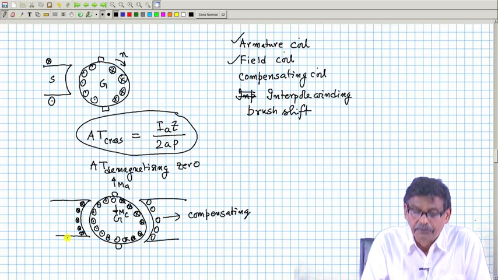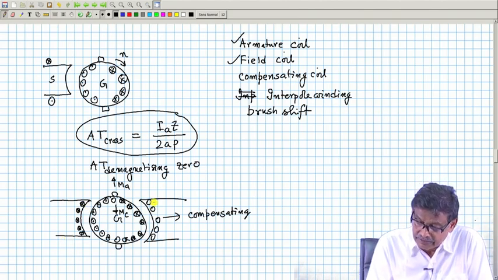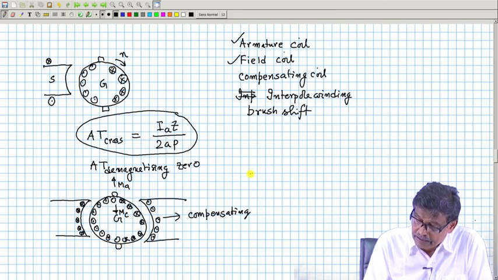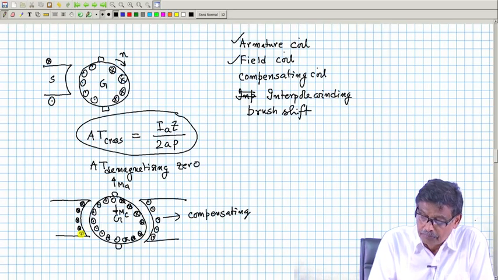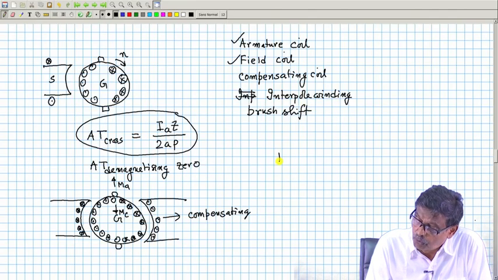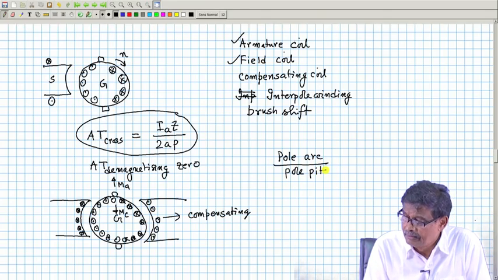I want to make this MA vanish. But as I told you, these compensating coils cannot completely compensate for all the dot currents here or cross currents here. I told you that there may be about 70% of the armature MMF that can be compensated, based on the ratio of pole arc to pole pitch. Suppose this ratio is 0.7.